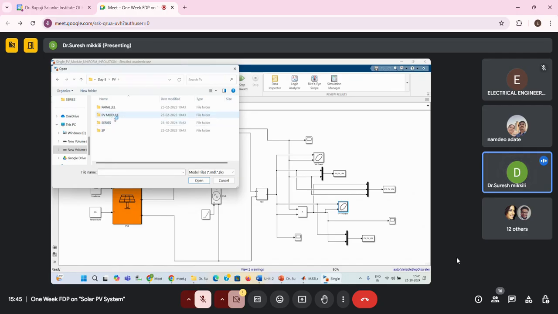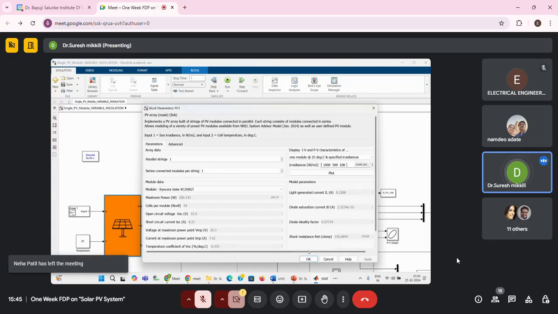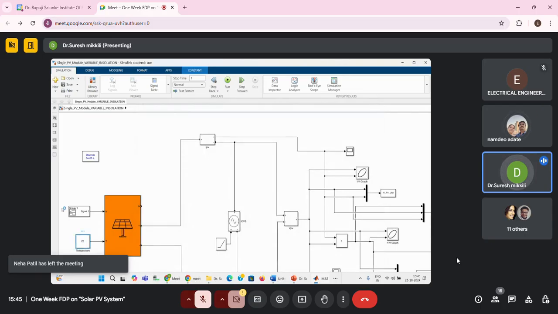Okay, so this is a PV module. Now with a single module I'm taking variable irradiance. Suppose variable irradiance is changed, only one module I have taken, fine. Temperature is constant.